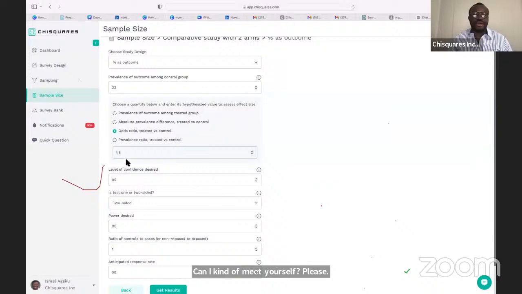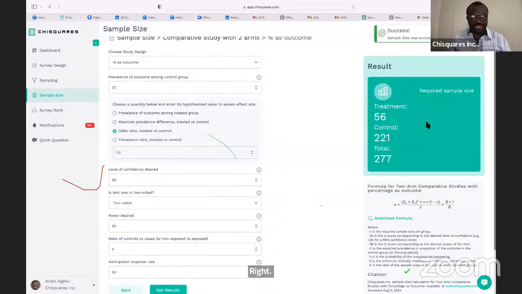All right. So we provide an effect size of 1.5. And here we say we want a ratio of controls to cases of 4, the scenario you pointed out, and we click on get results. That tells me that I need 56 cases and 221 controls.